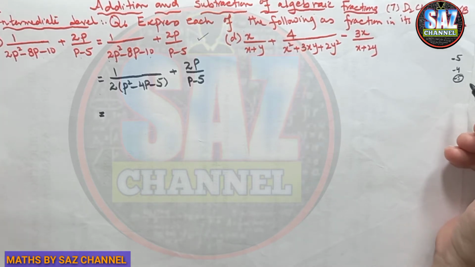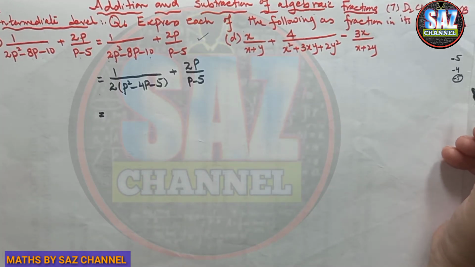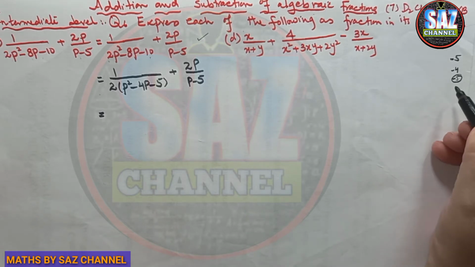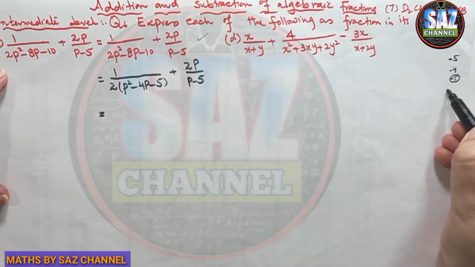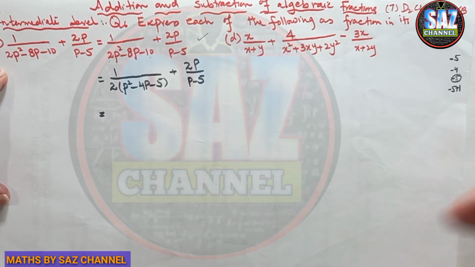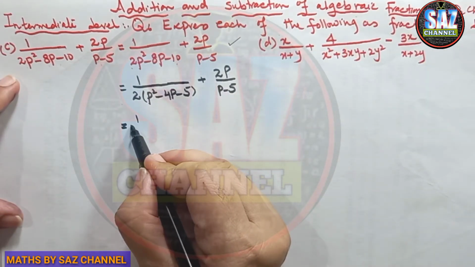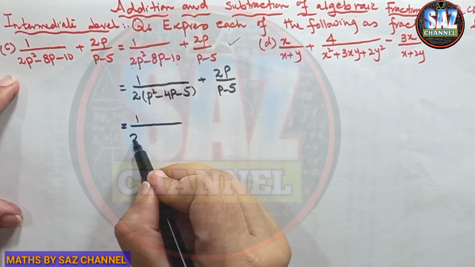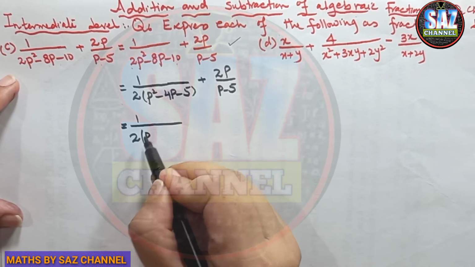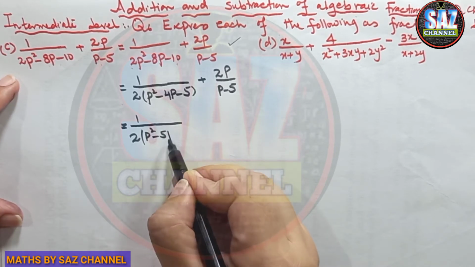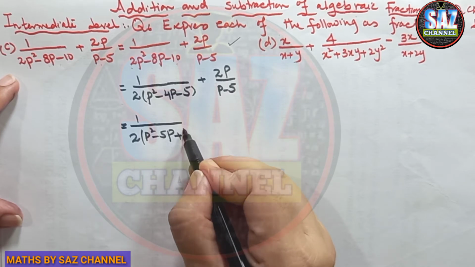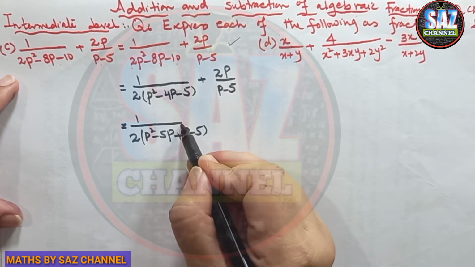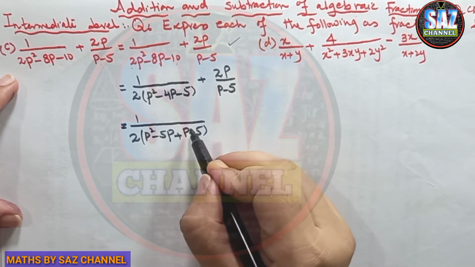The suitable factors are minus 5 and plus 1. Now, coming to the question, I will write 1 over 2 into p square minus 5p plus p minus 5, and then I have to close the bracket.